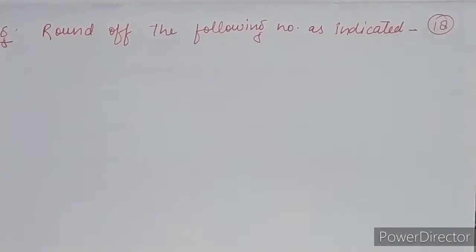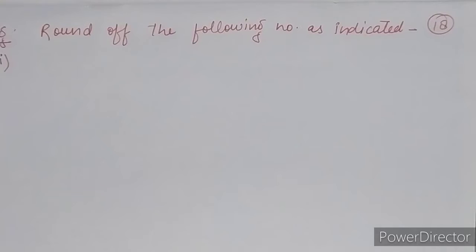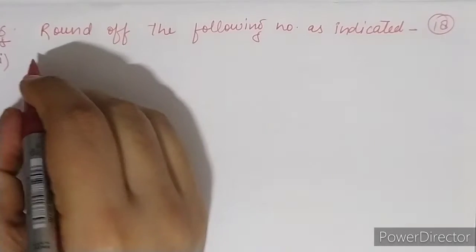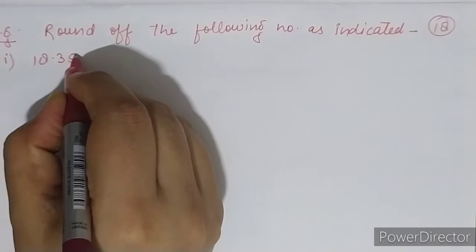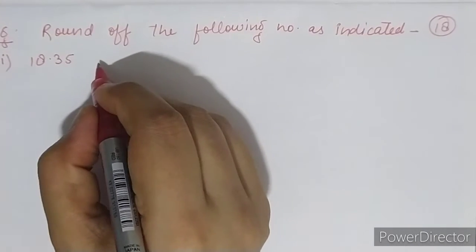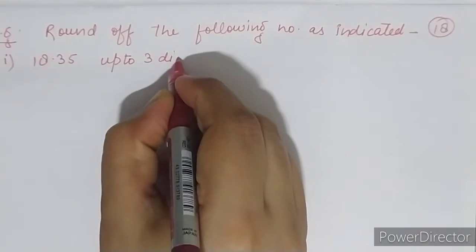We have to round off the following numbers, and in this series the first number is 18.35, and you have to round off up to 3 digits.